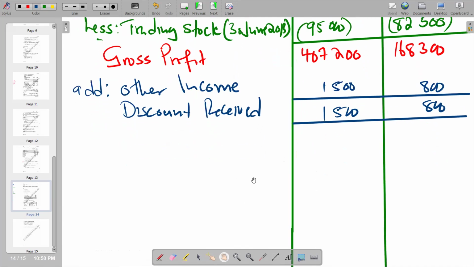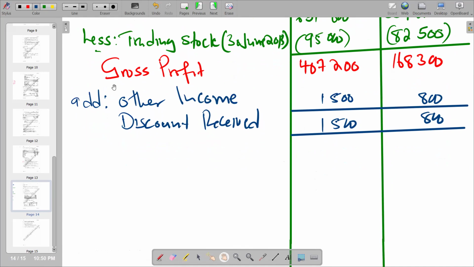We now say gross profit plus other income. Then what we get should be our gross income. So we can try to add, whereby we are saying for the first column, 407,200 plus 1,500.